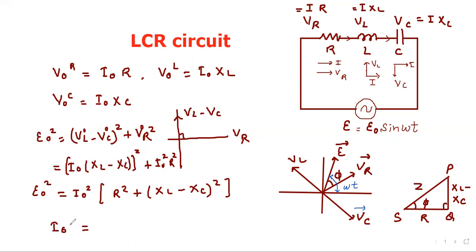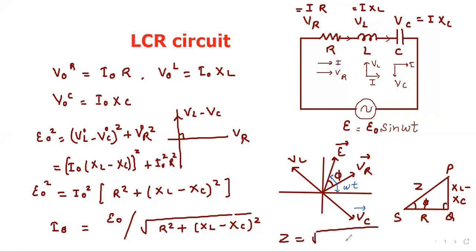So E0 will be equal to I0 times square root of R square plus XL minus XC square, or I0 equal to E0 divided by root of R square plus XL minus XC whole square. Here, this term, root of R square plus XL minus XC whole square, is called impedance, that is Z. So Z equal to root of XL minus XC whole square plus R square.